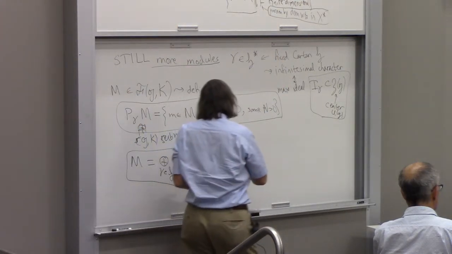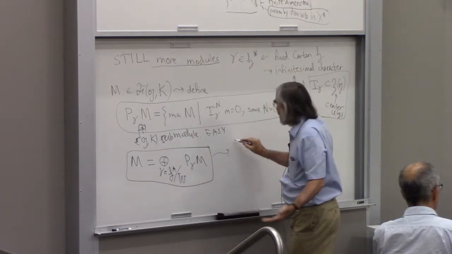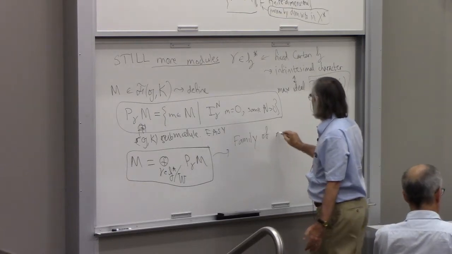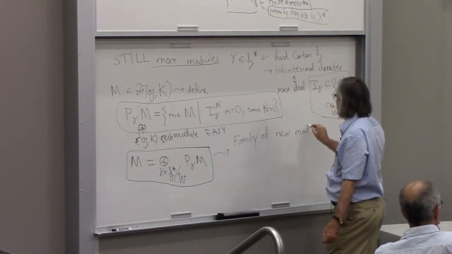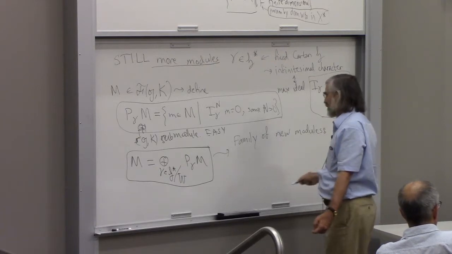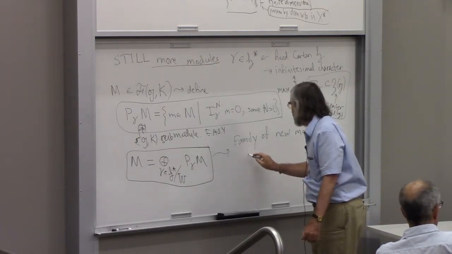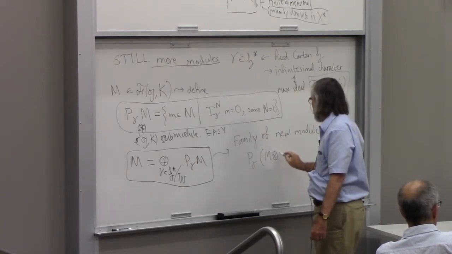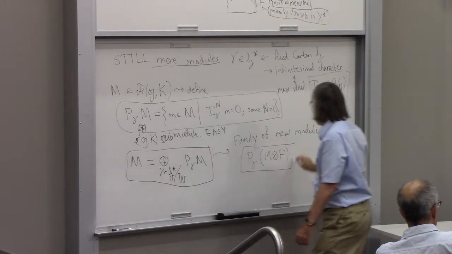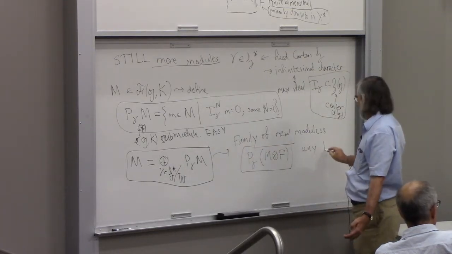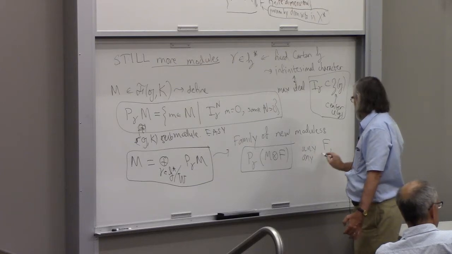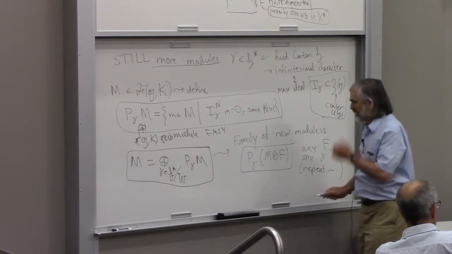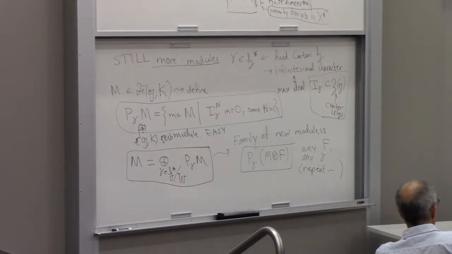So now we have, I can take P_gamma of M tensor F for any F and any gamma. And of course I can repeat.